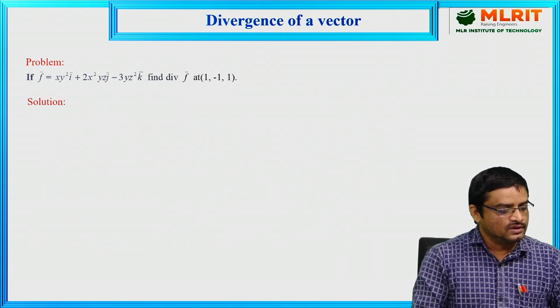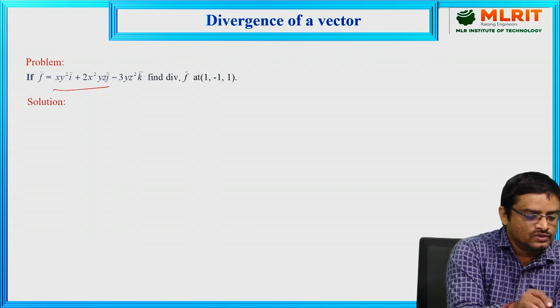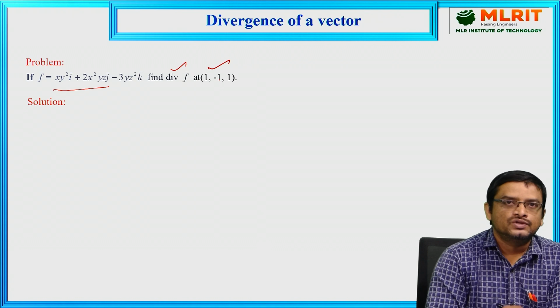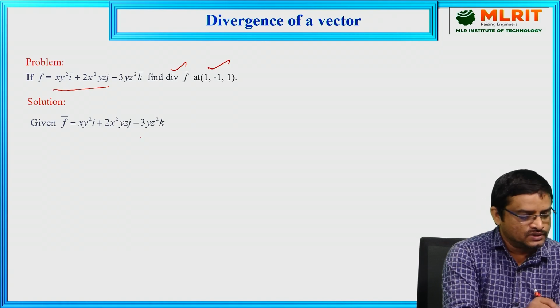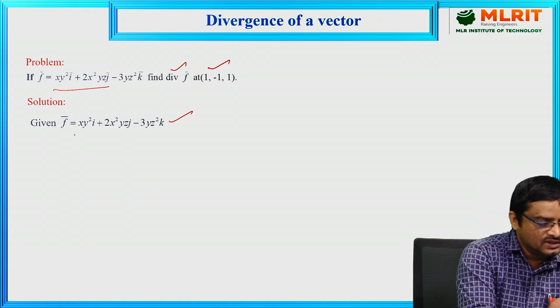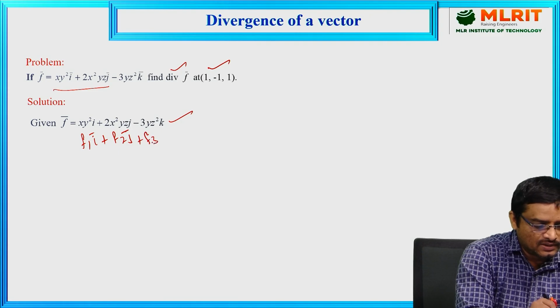So this is the problem. I have given a vector point function, and for this we have to find the divergence at a particular point. We have just seen how to find the divergence of a vector. Now consider this vector as f bar. The standard form is f1 i bar plus f2 j bar plus f3 k bar.